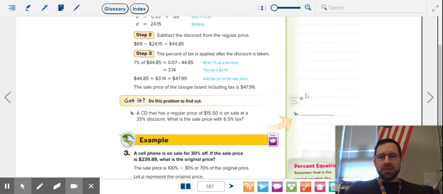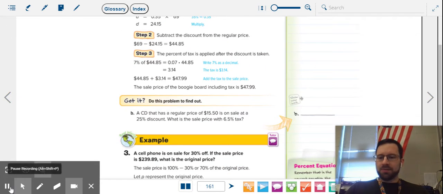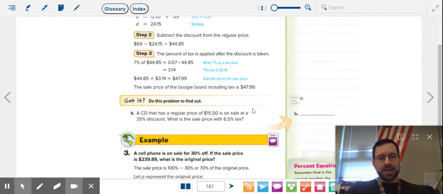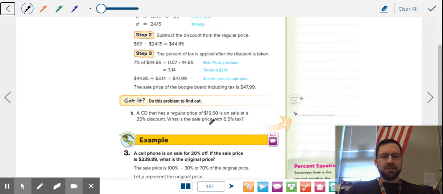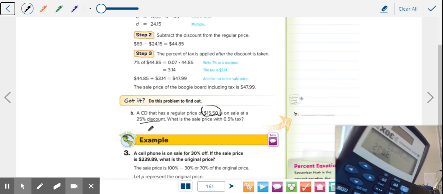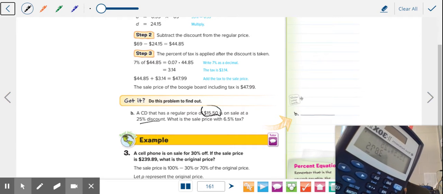Now, what do you do if you have discount and tax? In this case, first find the discounted price. Second, add the tax to it. So first we have a $15.50 CD, 25% discount. So we're going to take $15.50 times 25%. Now notice it's $3.875.